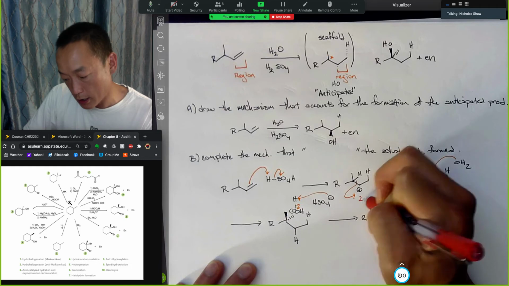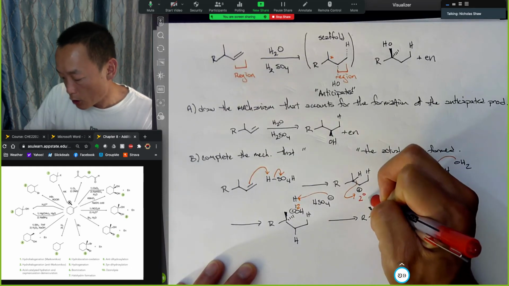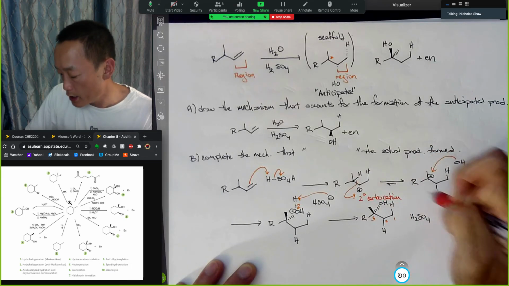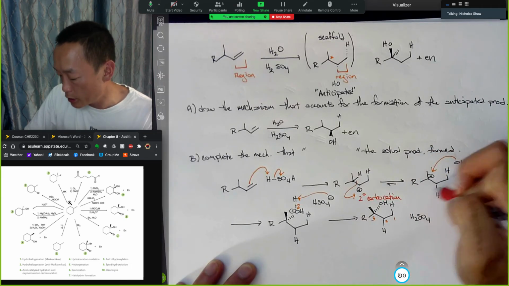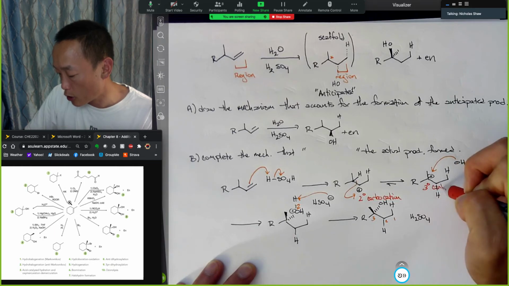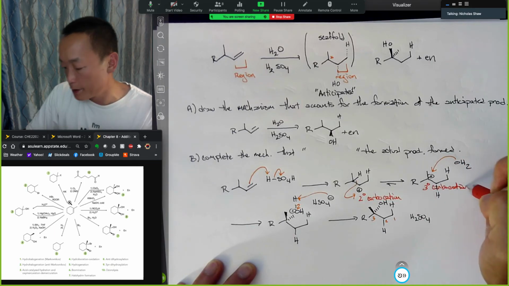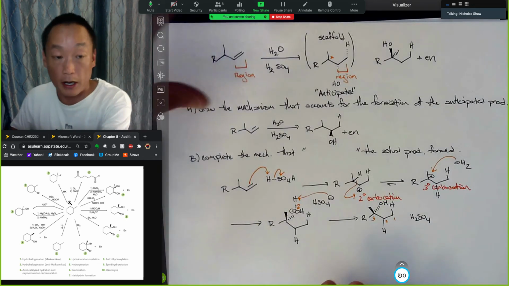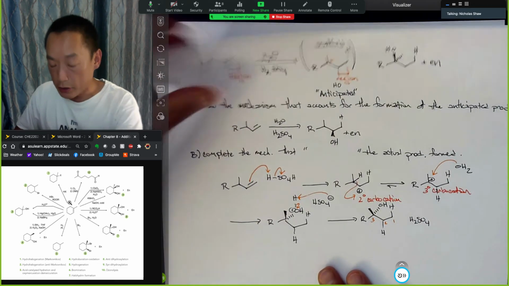You're really looking at a secondary carbocation versus a tertiary carbocation, and so carbocation stability prevails. There might be a question, but I'm just going to keep going.